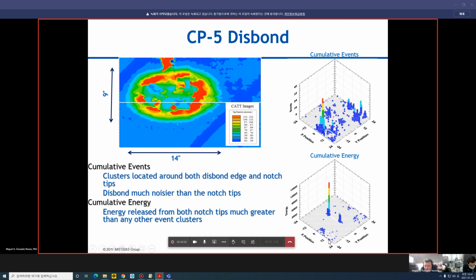Even though we have a lot of events in this area, the amount of energy is not as relevant as the amount of energy released in these areas around the notch. So you see the difference of using one or another acoustic emission filter.